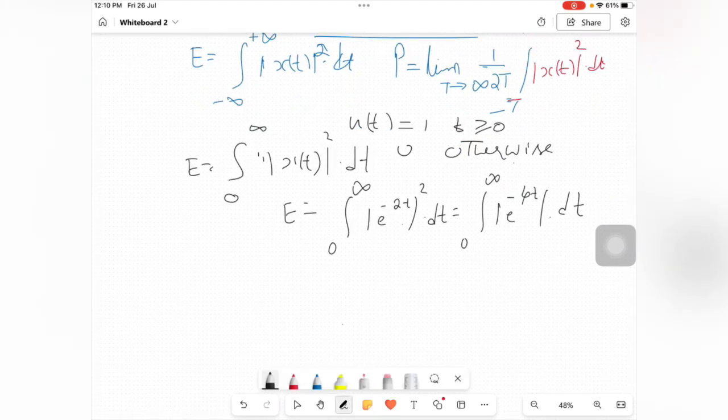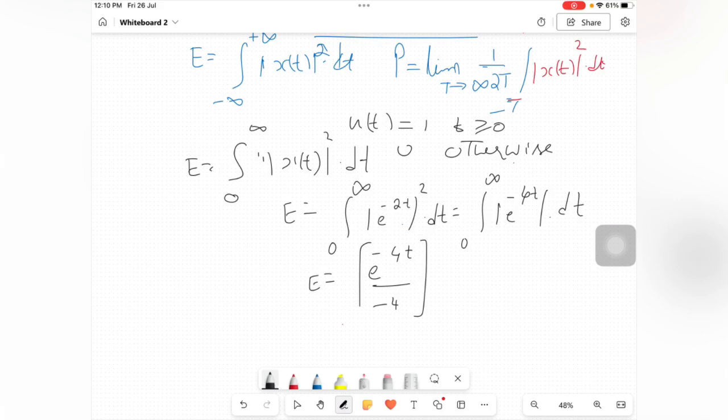Now if you do the integration, E is equal to e power minus 4t divided by minus 4, with limits 0 and infinity.